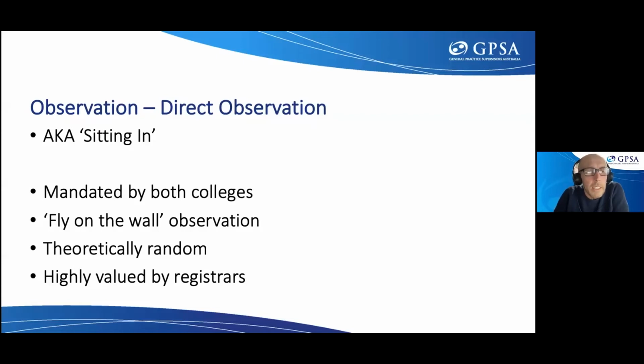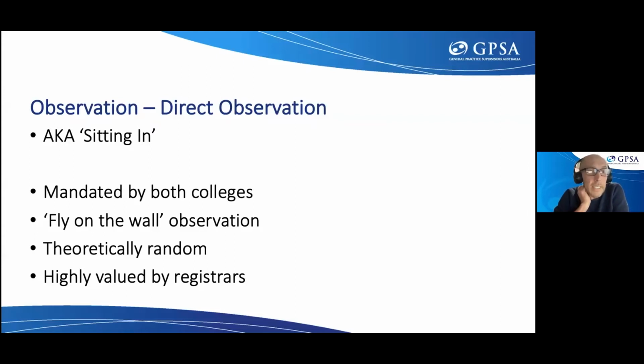But as it says down the bottom, we know from our completion of training interview and our regular catch-ups with our registrars that it's highly valued by registrars, particularly when it's being done by somebody who's skilled in direct observation.